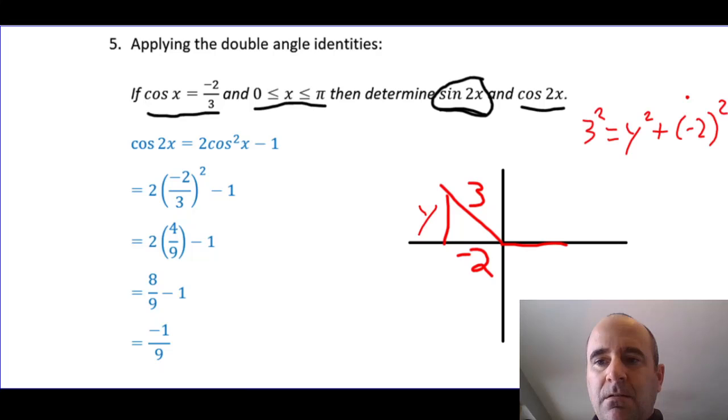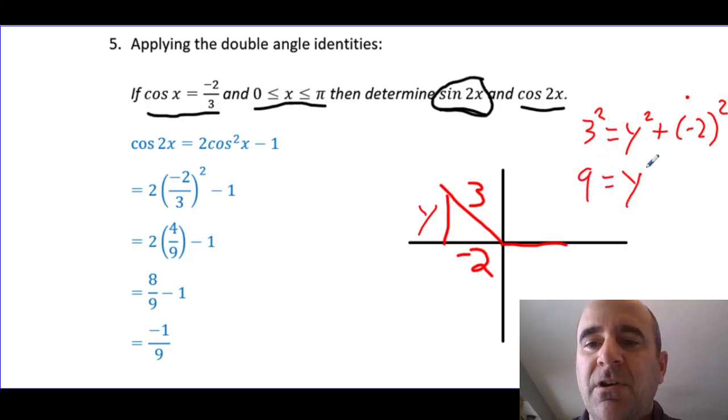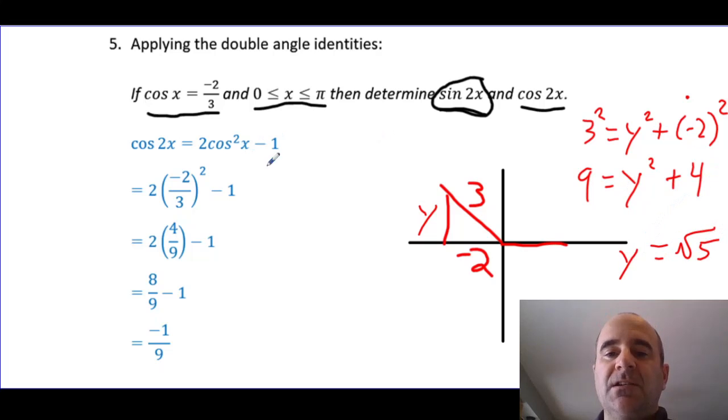I've called that side y, and the Pythagorean theorem tells us that 3 squared equals y squared plus negative 2 squared, or positive 2 squared, doesn't really matter what you do. That gives you 9 equals y squared plus 4, or y squared equals 5, or y is the square root of 5. And we know that y is positive here because of this picture. Notice that this is our angle x that we've drawn here.